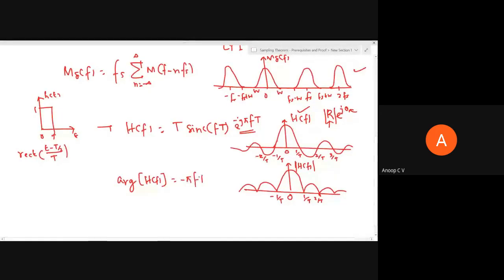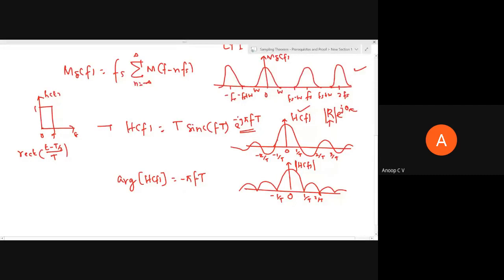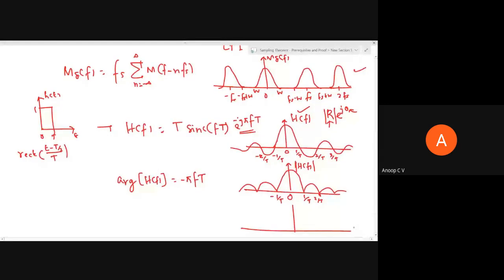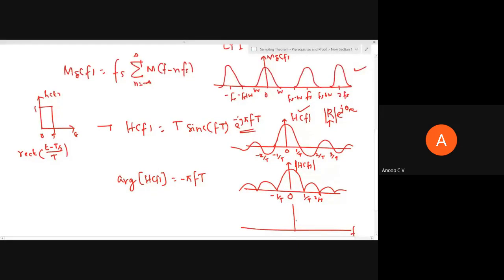You can see it as a function of f. Let's plot this phase also as a function of f. If you plot this phase as a function of f, that becomes the phase response. If you plot magnitude alone as a function of f, that becomes the magnitude response or amplitude response. Please do keep that in mind.